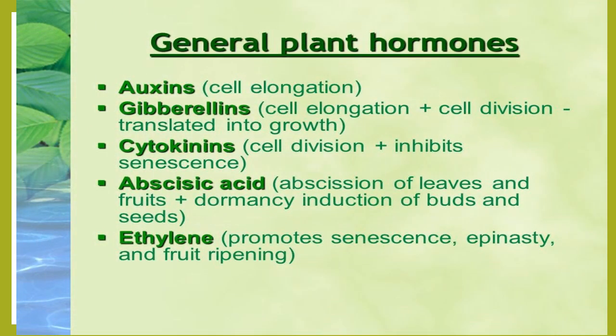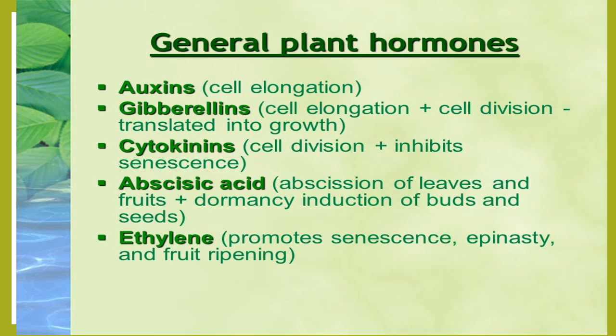General plant hormones: auxin, cell elongation. Gibberellin, cell elongation plus division, translated into growth. Cytokinin, cell division, inhibits senescence or aging. It helps the plant to become young, that particular capacity given by cytokinin.